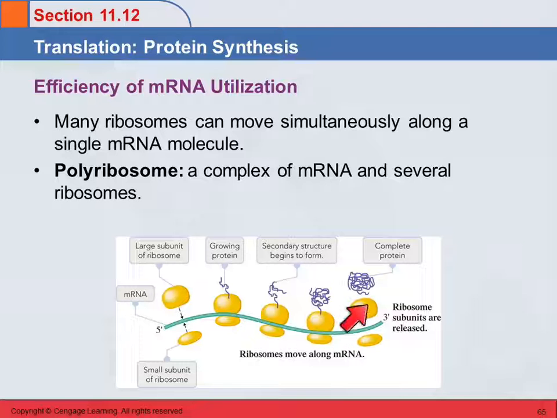So here's a guy getting to the bottom. These guys are still coming down, and this guy is just getting on. There's a safe distance in between, but it can be generating more than one protein at a time. So many ribosomes can move simultaneously, and a polyribosome is a complex of messenger RNA with several ribosomes on it. So this is an illustration of a polyribosome.